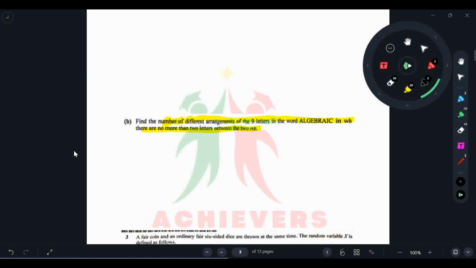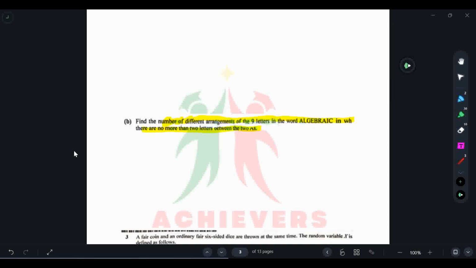Okay, now the condition is we have 9 letters, 1, 2, 3, 4, 5, 6, 7, 8, 9. The condition is that there are no more than 2 letters between the A's. So this will be the condition.